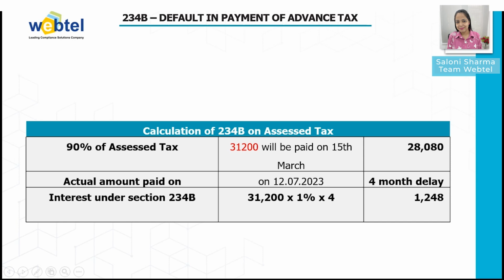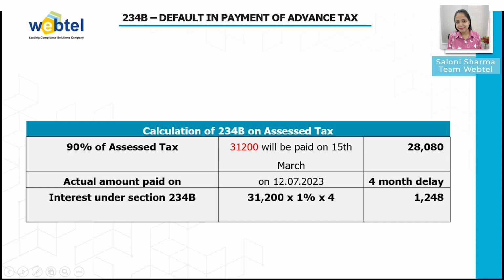But he has not paid any advance tax and he has delayed the payment of his tax. He has paid a self-assessment tax on the 12th July 2023. So he needs to pay an interest under section 234B of rupees 1,248.